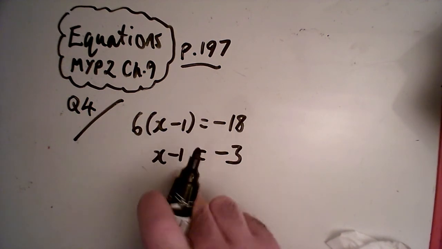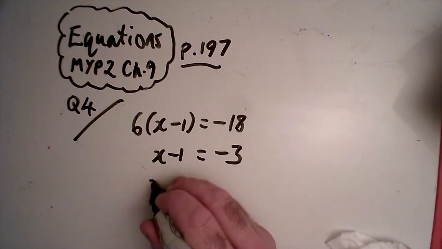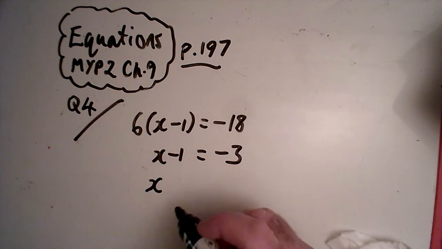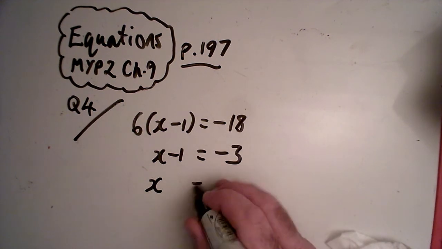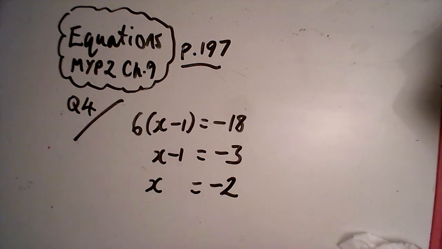Don't need the bracket there anymore. x - 1 = -3. I'd like the x on its own, so I'd like the minus 1 to disappear. So I need to add 1 to make it disappear, and then I need to add 1 to the other side as well. So that becomes only -2. x = -2 after you've added 1 to both sides.